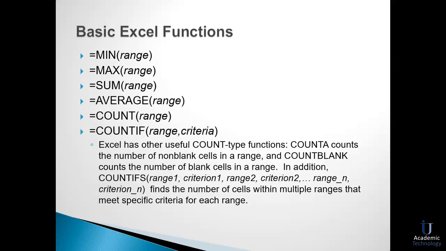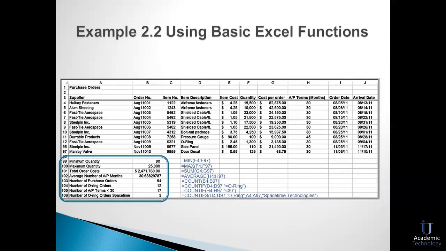Basic Excel functions: we will use these functions a lot throughout the rest of this course. These are functions that allow you to average a range of numbers, count a range of information, that kind of thing. So pay particular attention to the examples on how to build and how to use functions in Excel.